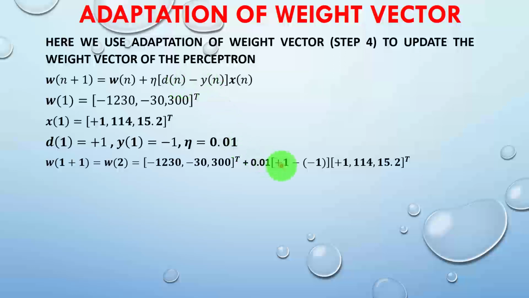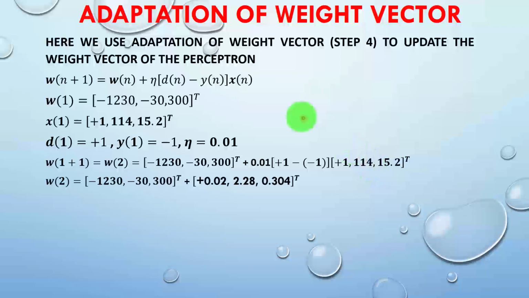This is the desired minus actual is -1, okay, multiplied by this input vector, okay, and then we have W2 is equal to this value. We just do the algebra, okay, then we add the two vectors.